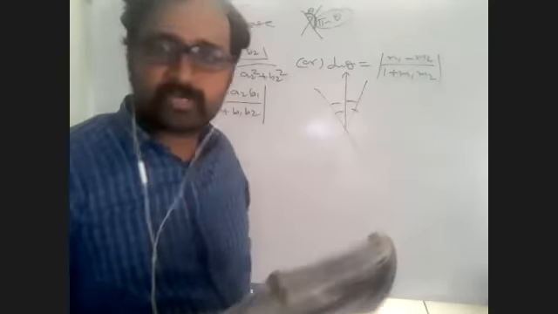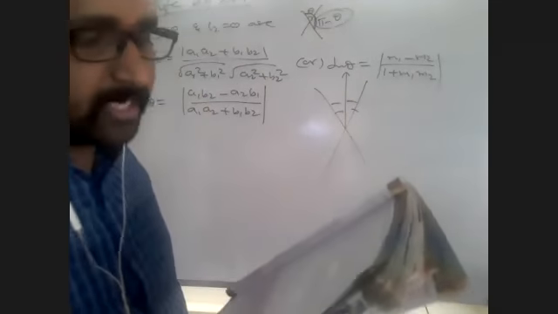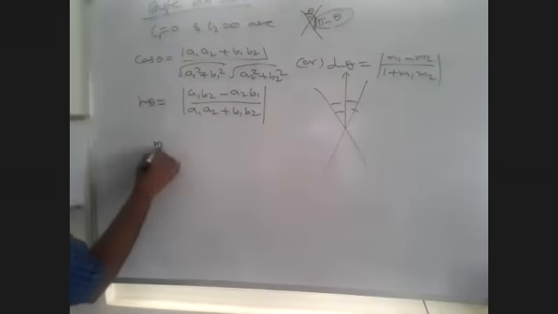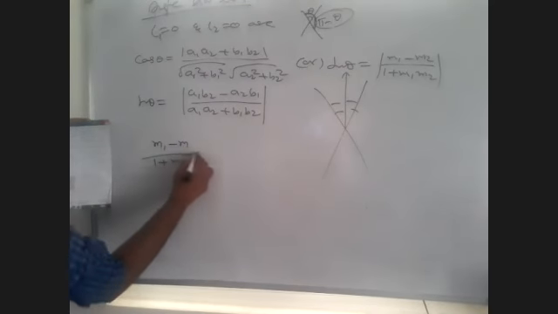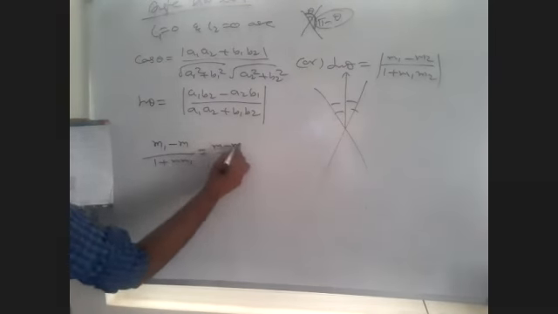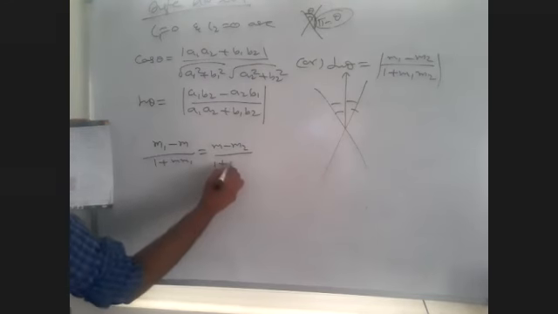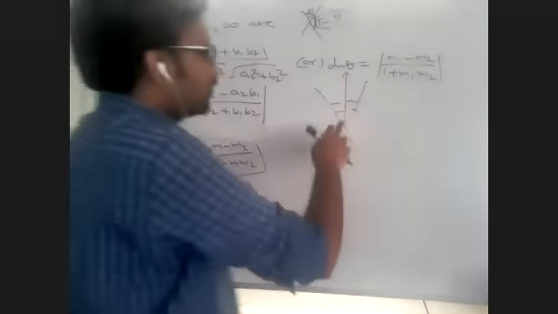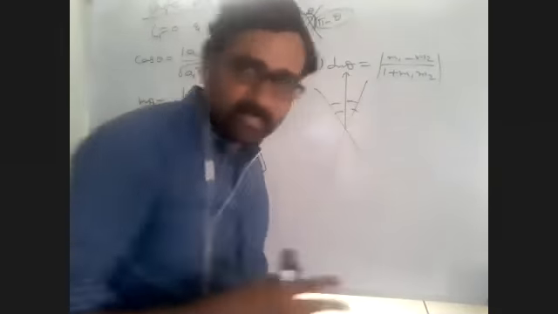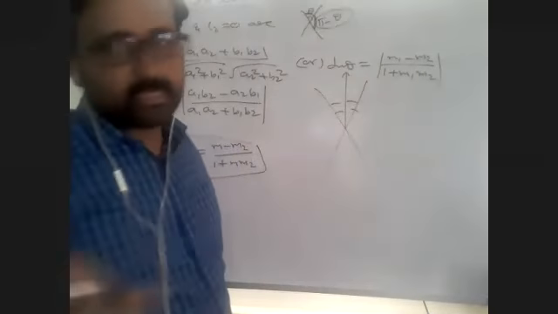It is given by (m1 minus m) by (1 plus m1 m) is equal to (m minus m2) by (1 plus m m2). This is the formula to find the slope of a line which is equally inclined with intersecting lines having slopes m1 and m2.